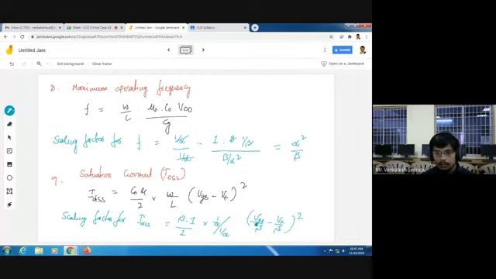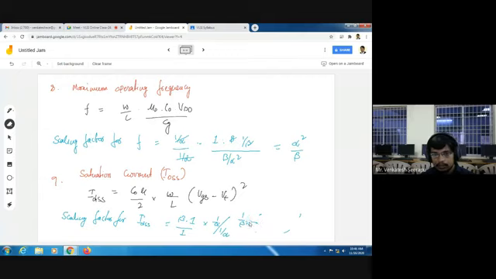Taking 1 by beta common, we get 1 by beta square into VGS minus VT whole square. So the scaling factor for VGS minus VT whole square is 1 by beta square. Why? Because the scaling factor for VGS is 1 by beta, so VGS by beta minus VT by beta whole square.